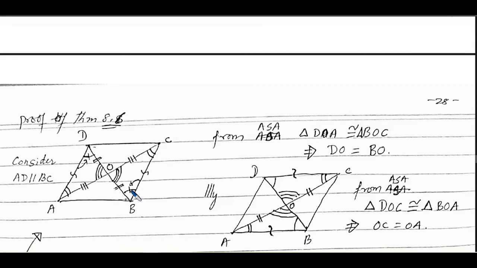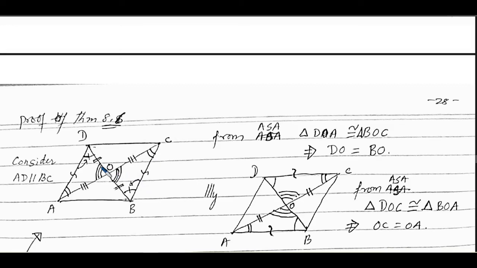So for triangles, say DOA and BOC, I have got two angles the same. This angle and this angle are the same. Since this line is parallel, this side, as I mentioned, has to be the same. So from angle, side, angle, this triangle and this triangle are congruent.